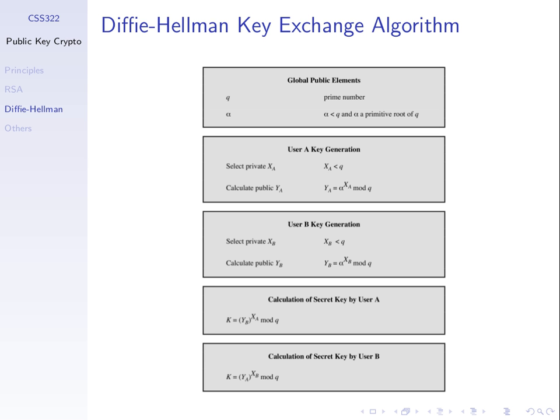User B takes YA, the value they received, to the power of their private value, mod Q. YA to the XB mod Q. Mod Q is 353.